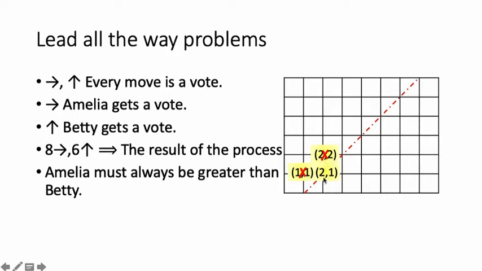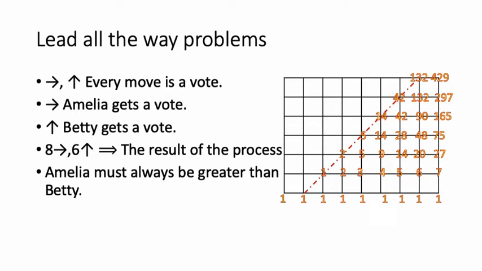So the only valid point will be 2-1. So by considering all the valid points, we can draw out the diagonal line, and the path from A to B cannot go across this diagonal line, or the path needs to stay below this line. So if we solve this problem by counting, we can get the answer 429.